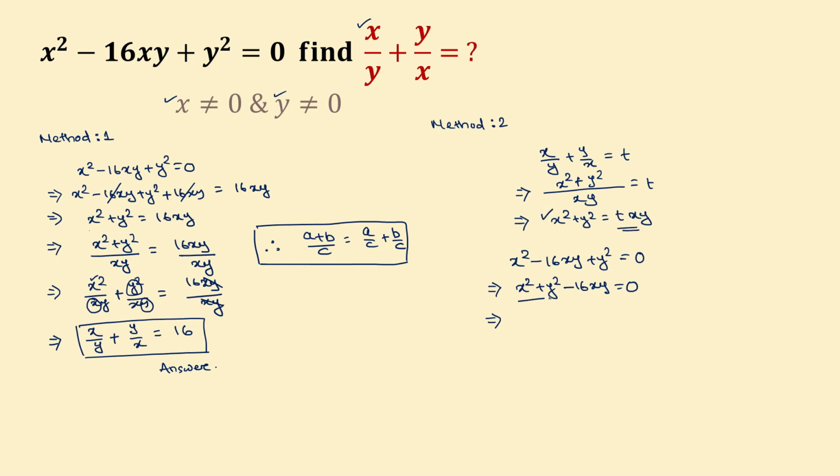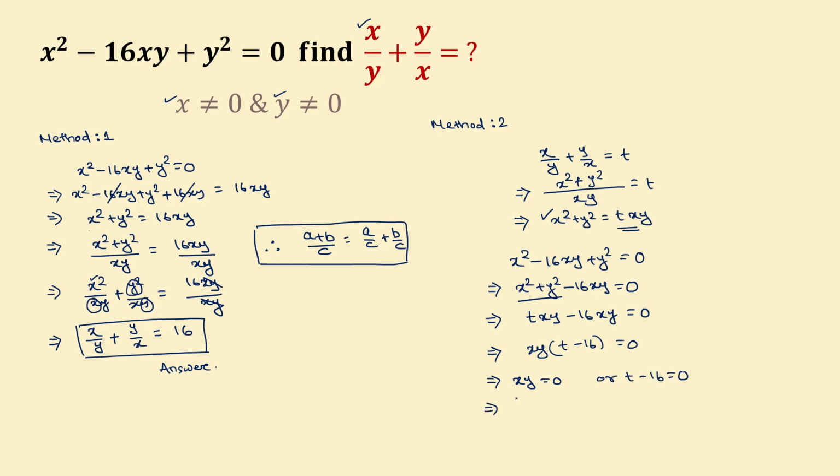So we can replace this x square plus y square with txy minus 16xy is equal to 0. We can take xy common from these two and write it as xy into t minus 16 is equal to 0. So here we can write either xy is equal to 0 or t minus 16 is equal to 0.